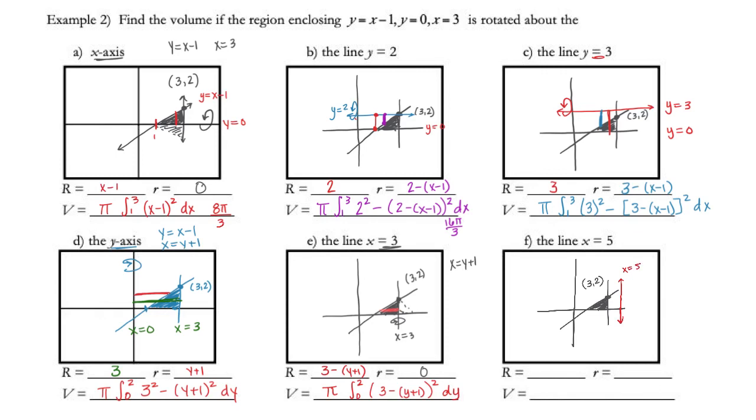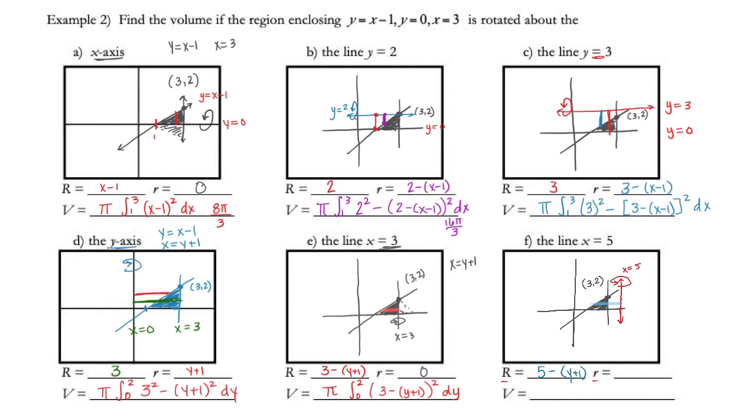And so notice again we would have this big gaping cylinder that's formed when we start doing our rotation. And so again we need to find big R and little r. So big R is going to be the longest distance from my axis of rotation to the farthest away function. So here to here, that's going to be our big R. That's going to encompass everything. So that's going to be 5 minus, and then that function there rewritten as y plus 1.